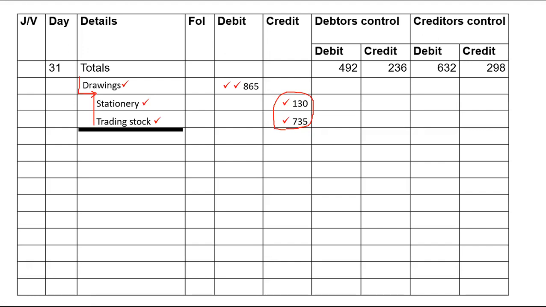So if the owner returns those items, normally when a debtor or a customer returns goods, we debit debtors allowances, we credit sales, then we debit trading stock, we credit cost of sales. But when the owner returns goods or stationery, we just reverse the entry. There's no debtors allowance because the owner is not a customer.